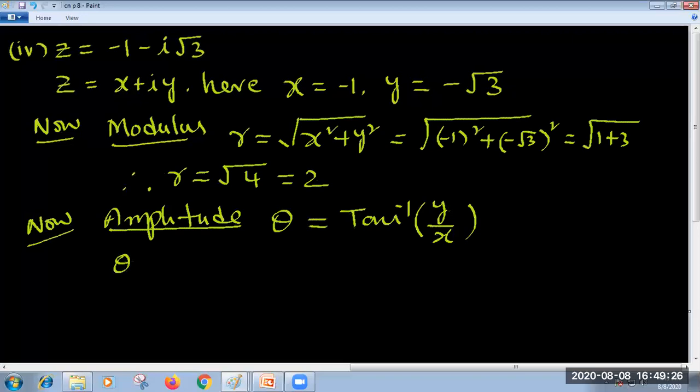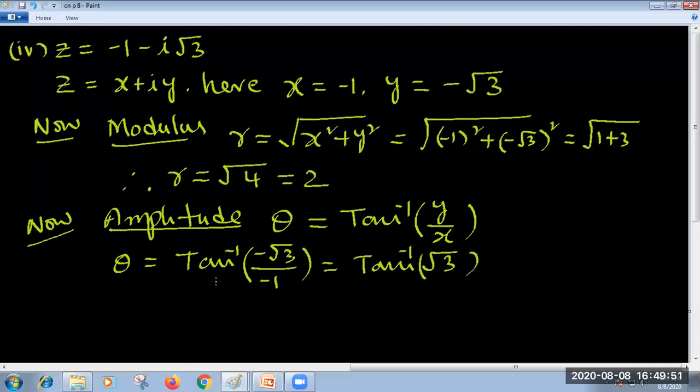So now, substituting the y and x values, tan inverse, y value minus root 3 and x value is minus 1. So this becomes tan inverse root 3. Here x is minus 1, y is minus root 3.